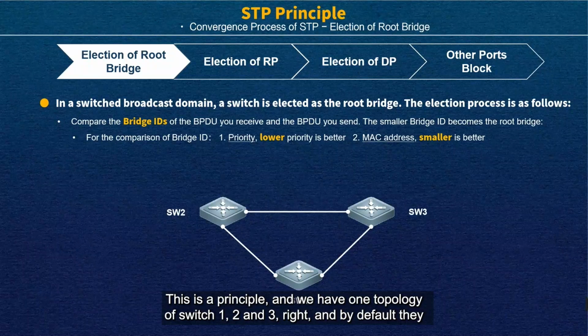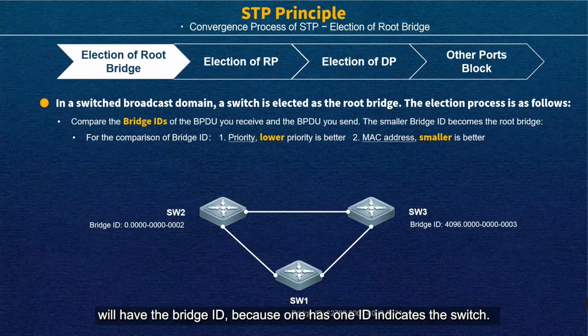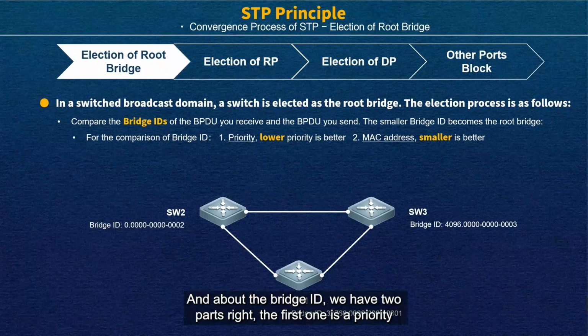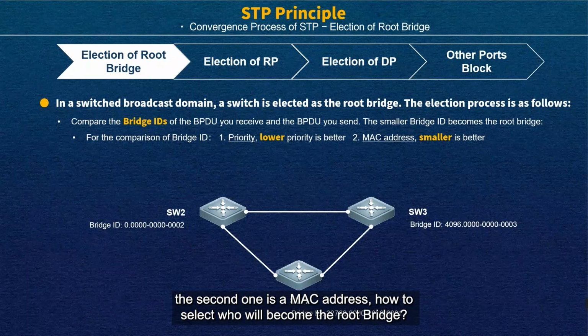This is the principle. We have a topology of switch 1, 2, and 3, right? By default, each switch has a bridge ID that identifies the switch. The bridge ID has 2 parts: the first is the priority, the second is the MAC address.